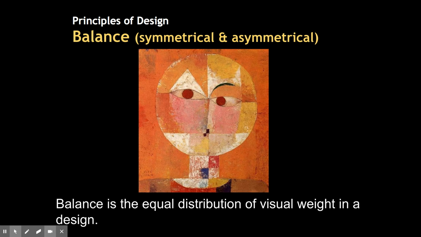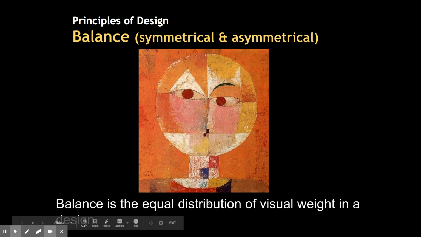So balance is the equal distribution of visual weight. So this is a painting where we expect symmetry, one side being reflected on the other because it's a human face, but he is actually somewhat asymmetrically balanced.